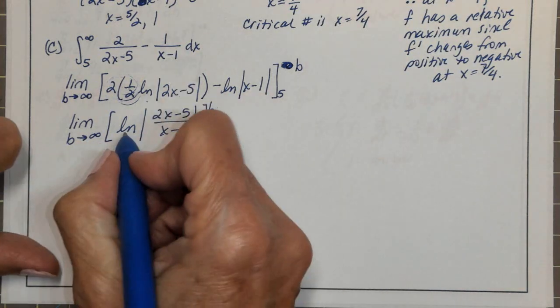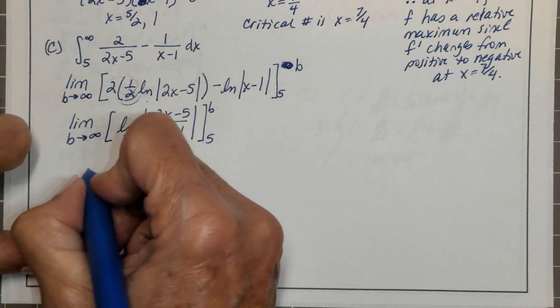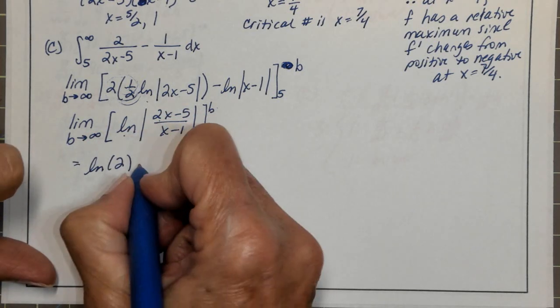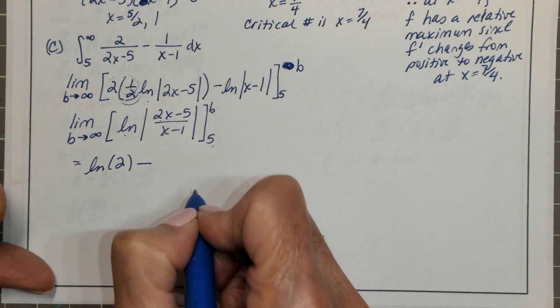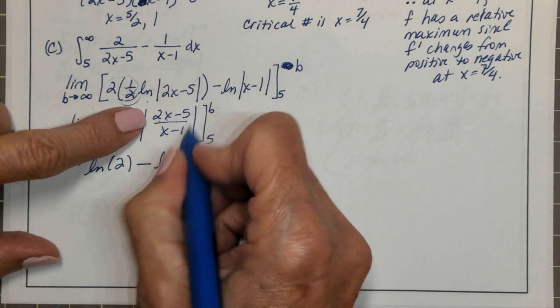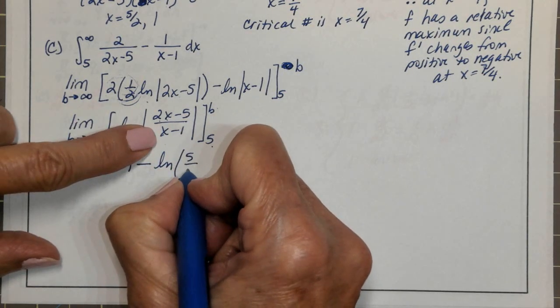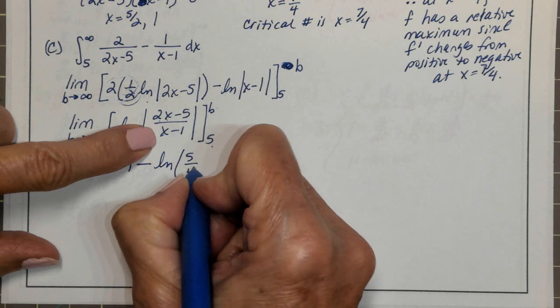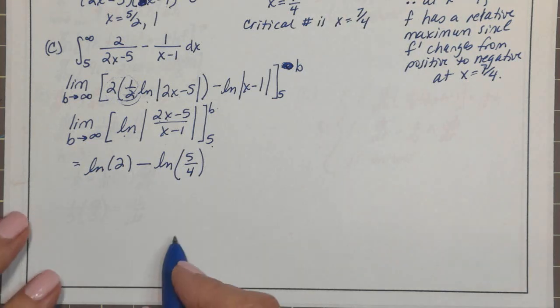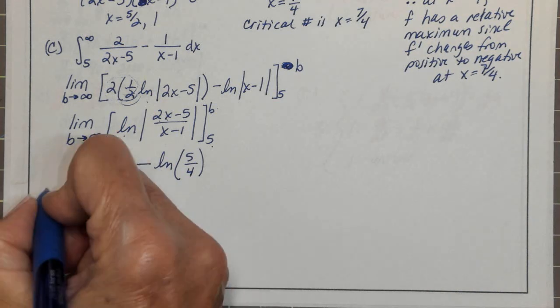So I will have ln of 2 minus, now I'm plugging 5 in for x, ln of 5 over 4. That's it.